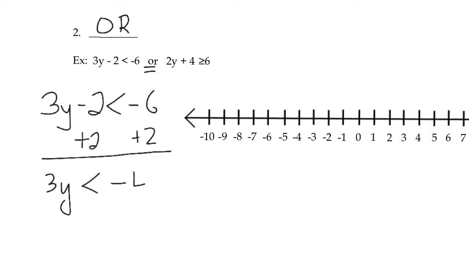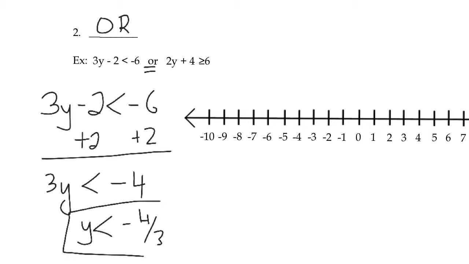Divide by 3, y would be less than negative 4/3. Okay, so negative 4/3 would be 1 1/3 or negative 1.3333 forever. Okay? Now let's solve the second one. 2y plus 4 is greater or equal to 6.